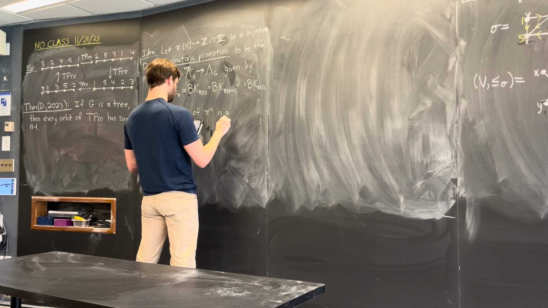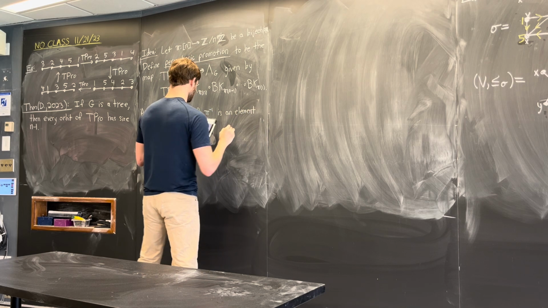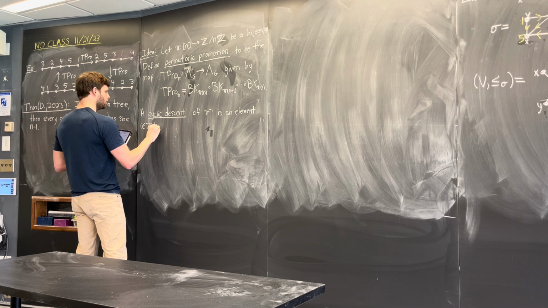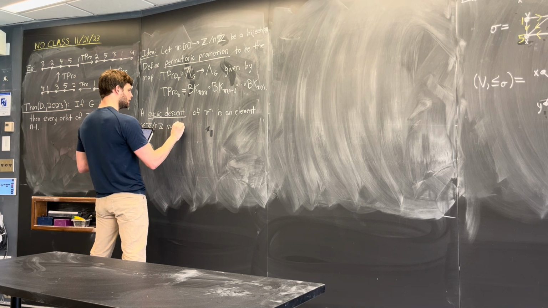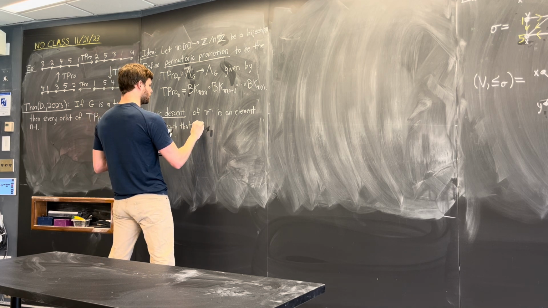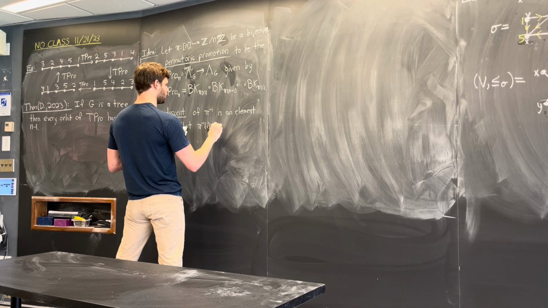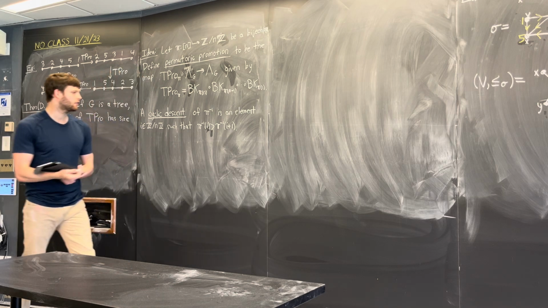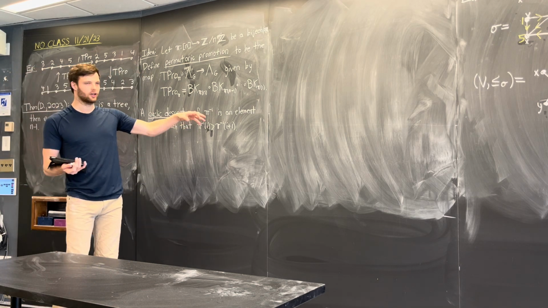This is an element i in Z mod nZ such that pi inverse of i is greater than pi inverse of i plus 1. So it's like a descent, except we're allowed to have n being a cyclic descent.